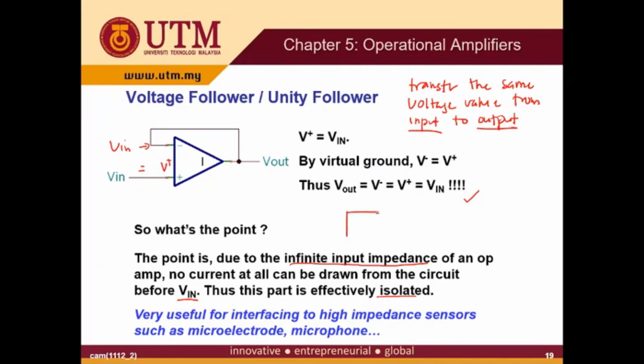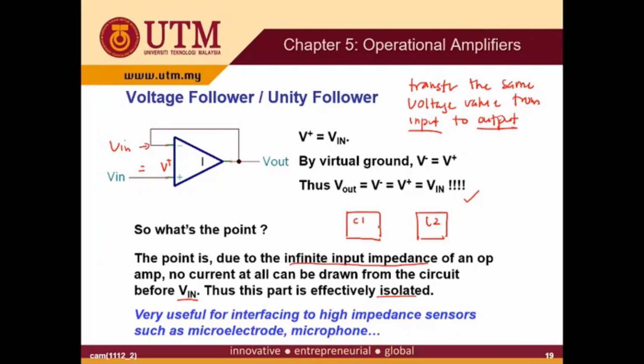For example, you have two sub-circuits, circuit 1 and circuit 2. You want to transfer the output of C1 to become the input of C2. But if you do direct coupling, the value of the output of C1 will change or degrade.